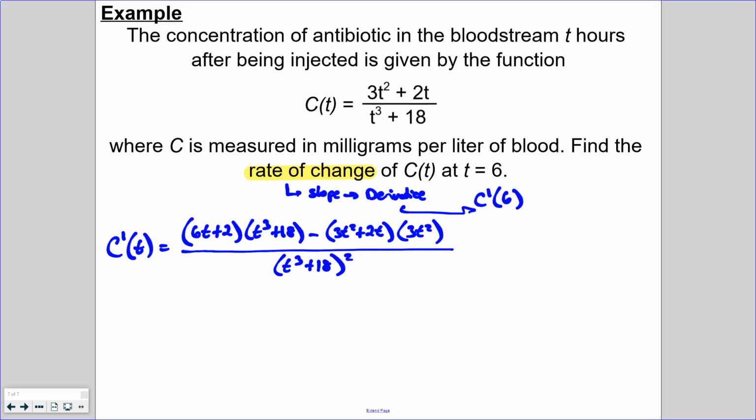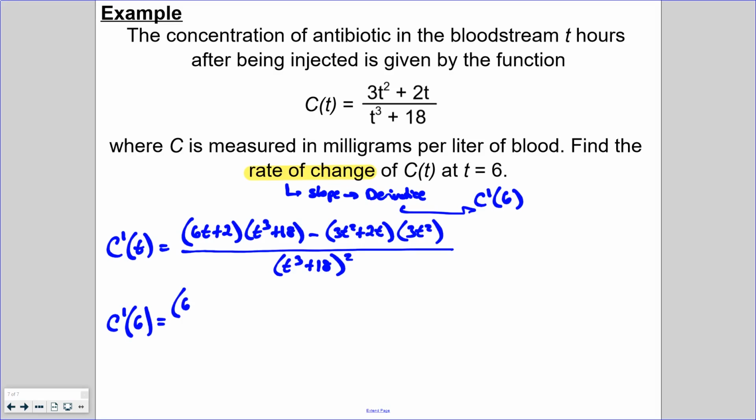Now, we could solve this problem like we have the others, where we could distribute everything out and simplify it down as much as we can, and then plug in the t. However, if you wanted to, we could actually plug in 6 for t right now. It's going to be a little bit messy when we write this all out, but it will actually save us some time because we won't have to simplify anymore.